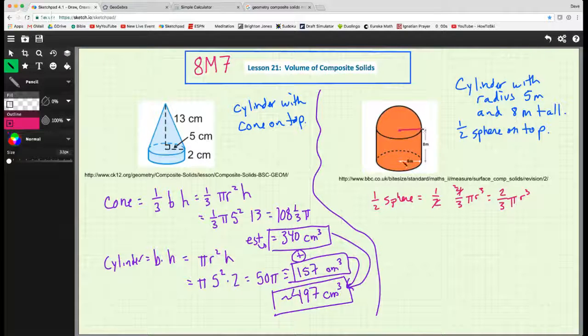My r is the same as my r of my cylinder, so that's 5. So we get 2/3 times pi times 5 cubed. So that equals, this is 125 times 2, that's 250 over 3 pi meters cubed.